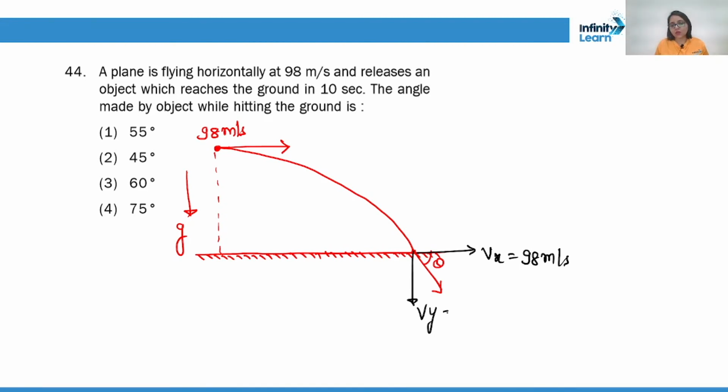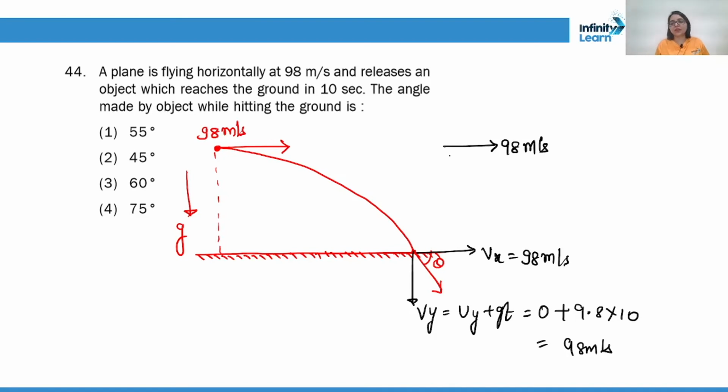Final velocity along the y-axis will be uy plus gt. Uy is 0, there is no initial velocity along the y-axis, plus g is 9.8 into t is 10. So Vy is 98 meter per second. So basically we have Vx as 98 meter per second and Vy as 98 meter per second, and if you make a parallelogram something like this, the angle is theta that we need to find.